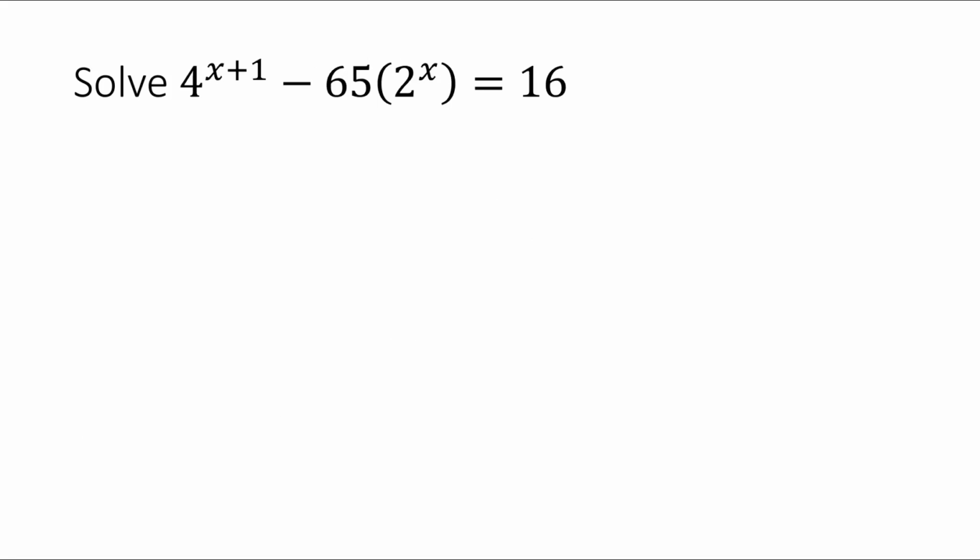This is kind of similar, but what it needs you to recognize is that instead of 4, you've got 2 times 2, and that then you can break that up, that's the first part, to the power of x, times 4 to the power of 1.